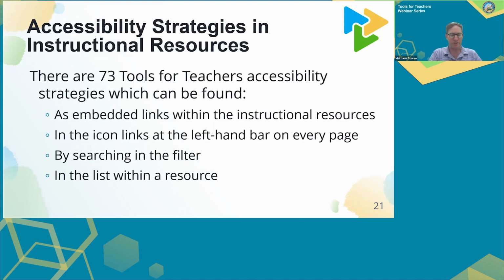There are currently 73 accessibility strategies housed amongst the Tools for Teachers resources. As mentioned earlier in Joanna's fantastic presentation on formative assessment strategies, you can access these strategies as embedded links in the actual resources themselves, in the icon links at the left-hand bar of every page, by searching in the filters, and in the list within the resource itself.